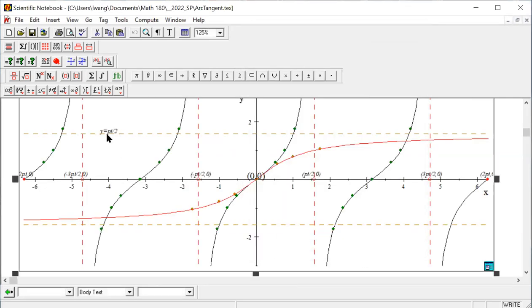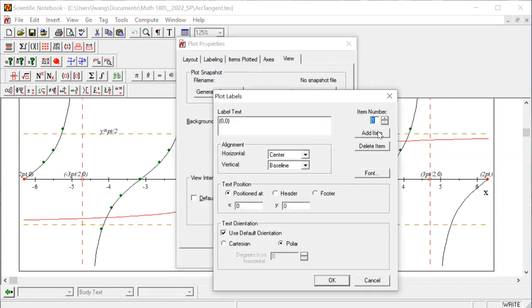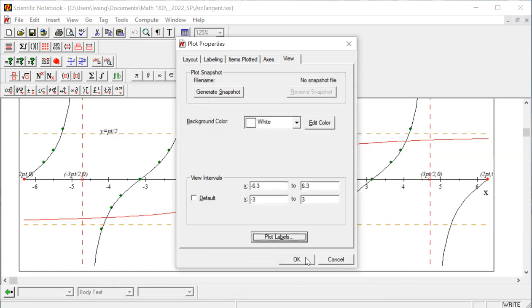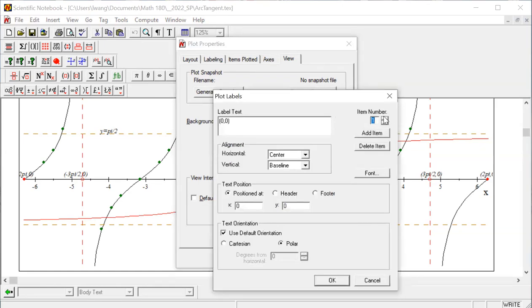So this line is y equals pi over 2, and there's another line, which is y equals negative pi over 2. They're both bounds.